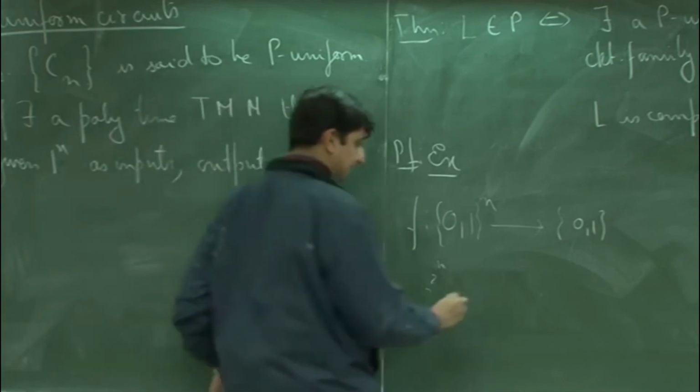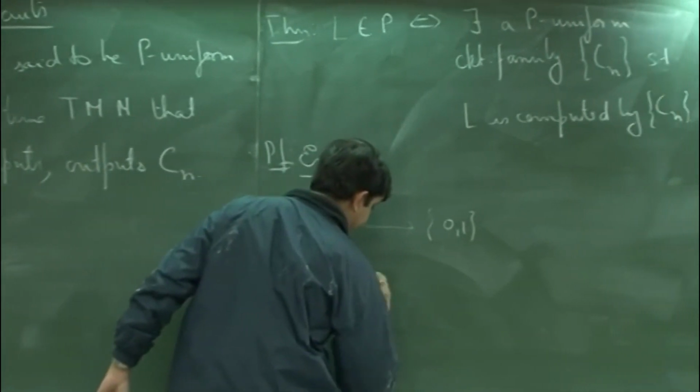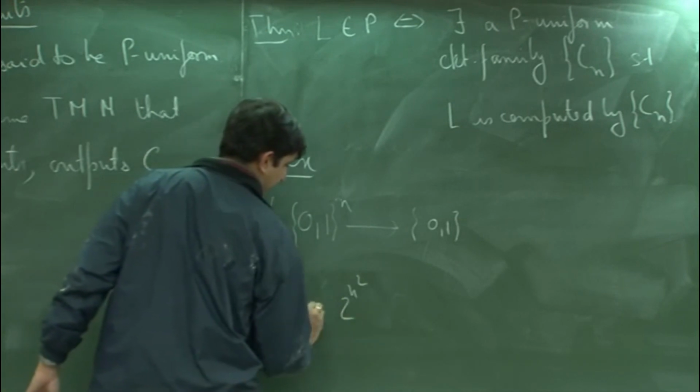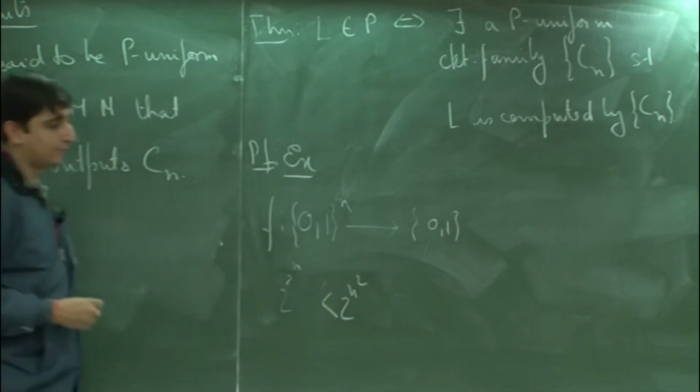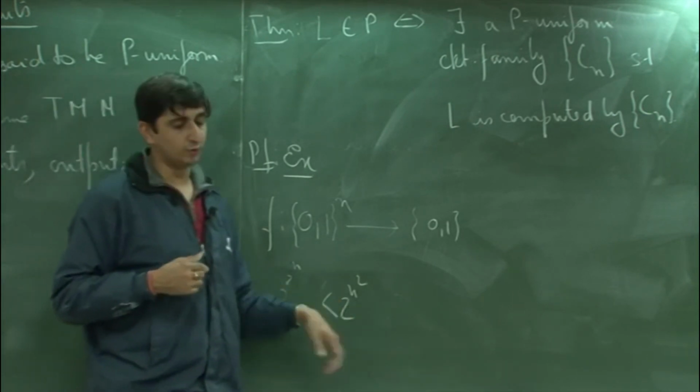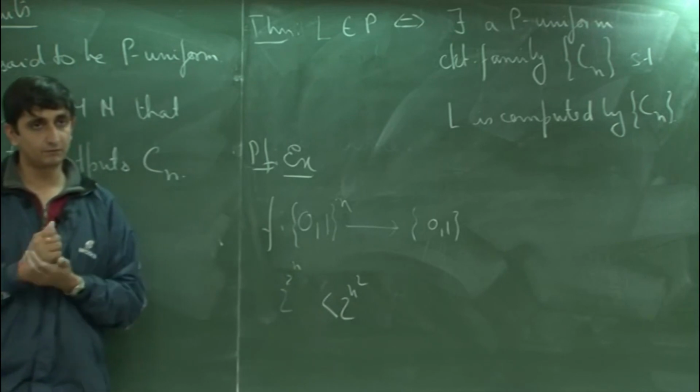So this is clearly true: the number of such circuits is not greater than 2 to the power n square. It is certainly less than 2 to the power n square, and actually probably also less than some 2 to the power n log n or something like that. I do not know the exact bound on it, but it is definitely greater than 2 to the power n. That can be proven.